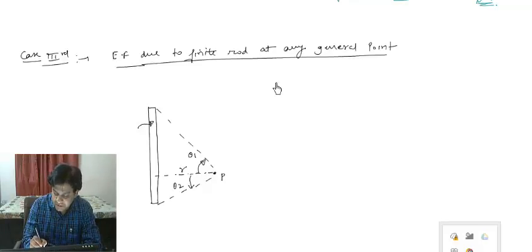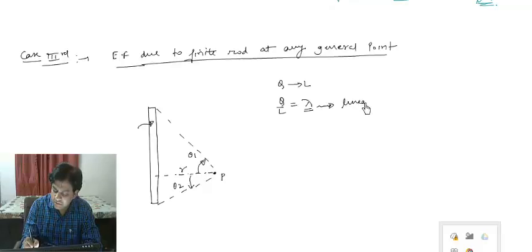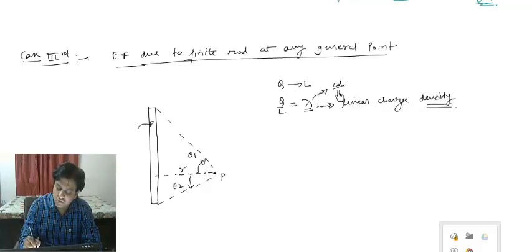If I say that this rod has q charge and length L, then charge per unit length is q by L. If I treat this q by L to be equal to lambda, then this lambda is called linear charge density. Unit of this lambda will obviously be coulomb per meter, right?